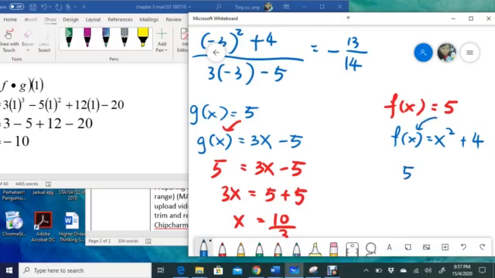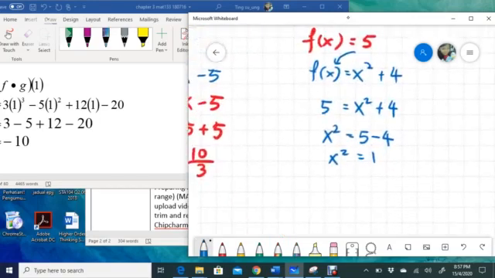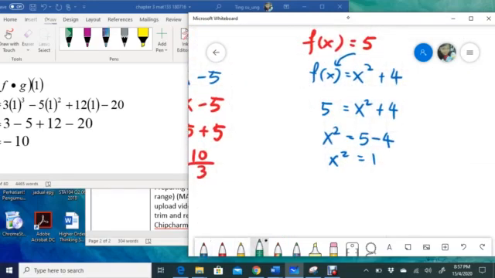So you have 5 equal to x squared plus 4. So x squared equals 5 minus 4, so x squared equals 1. Do remember the square: if square, you have plus and minus square root. Always remember that. So you have plus and minus 1. So that's the answer.